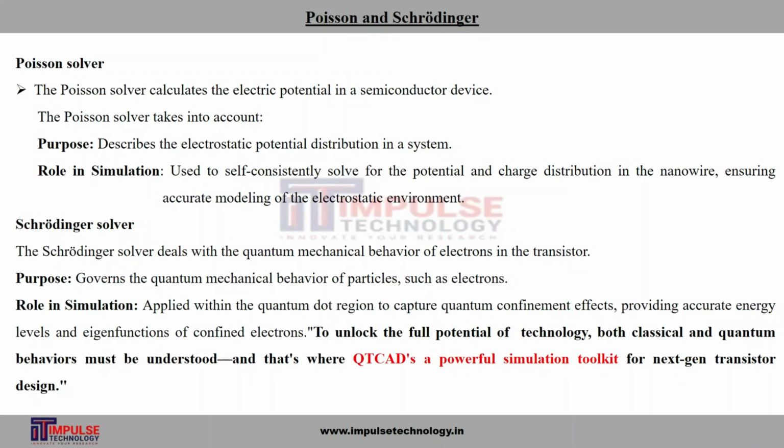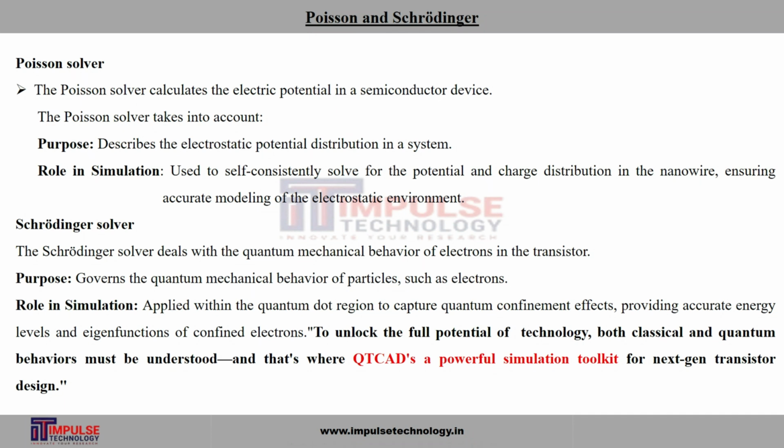In the simulation, two solvers are being used, the Poisson and Schrödinger solvers. The Poisson solver calculates the potential in a semiconductor device. It describes the electrostatic potential distribution in the system, and its role in the simulation is to self-consistently solve the potential and charge distribution in the nanowire, ensuring accurate modeling of the electrostatic environment.